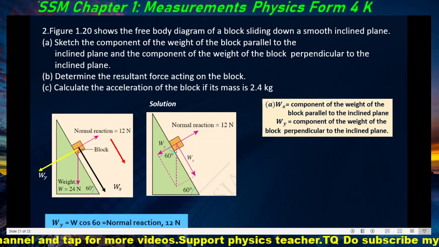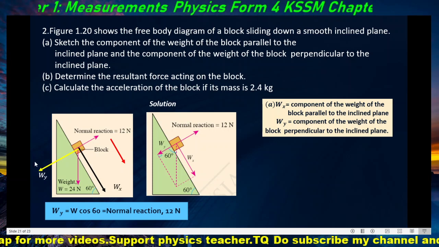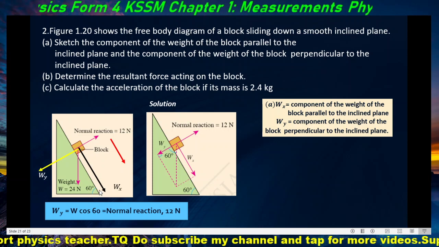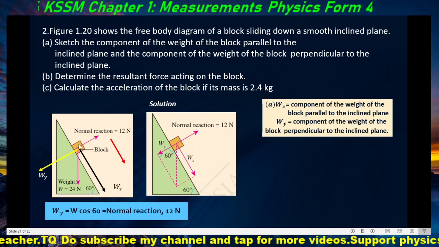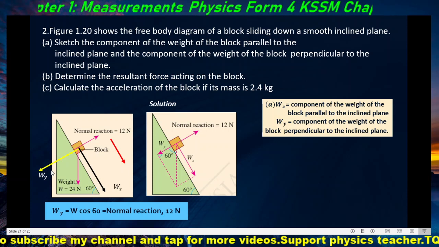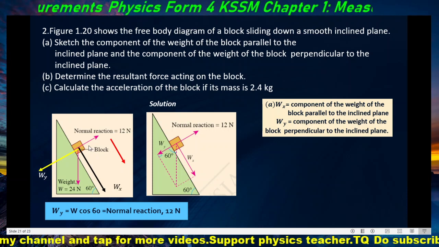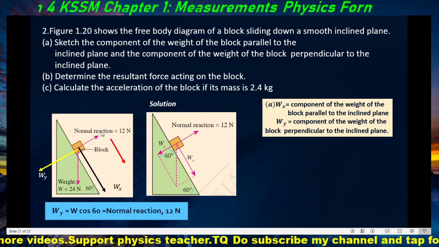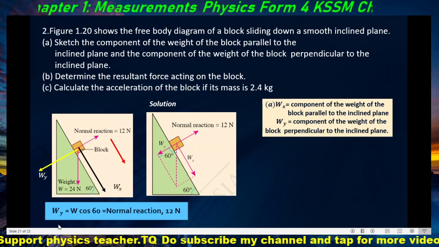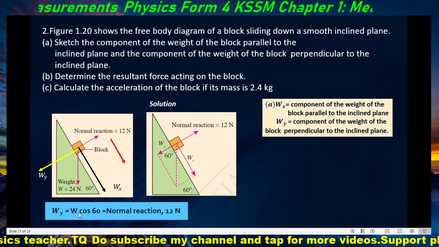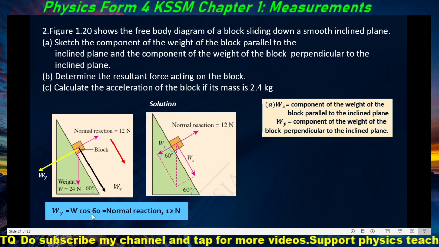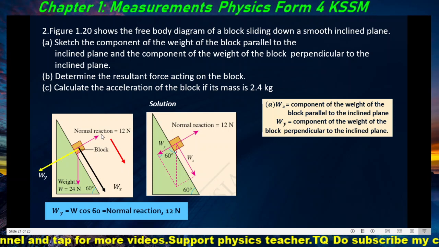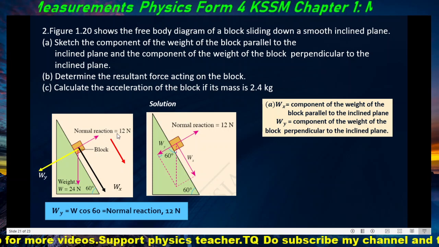As you can see here, the block is moving down parallel to the plane. Thus, the component of force Wy does not affect the motion. Or we can say Wy and normal reaction are balanced. Wy equals to W cos theta, or W cos 60, equals to normal reaction, 12 Newton.